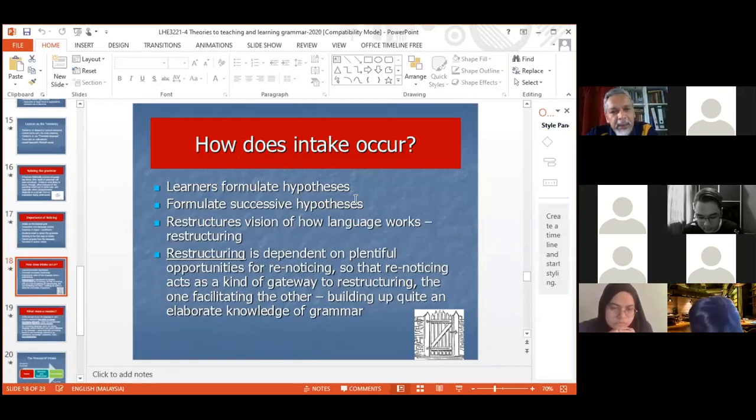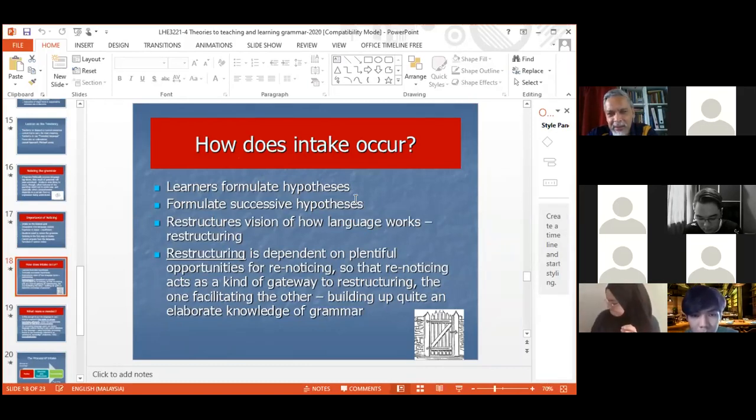Okay, learners formulate hypotheses. This is true of all people. Hypotheses regarding how the language works, and they formulate successive hypotheses, meaning to say they may have hypothesis A, and then when they get more input, they change that hypothesis.